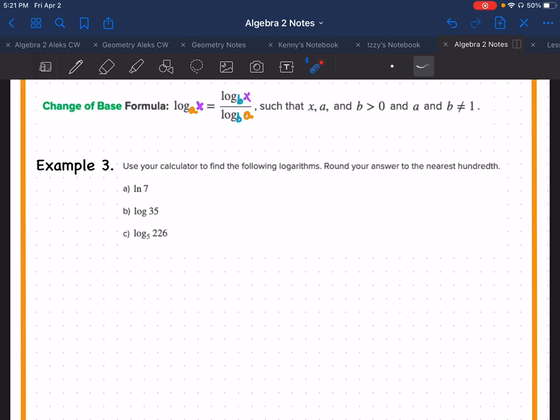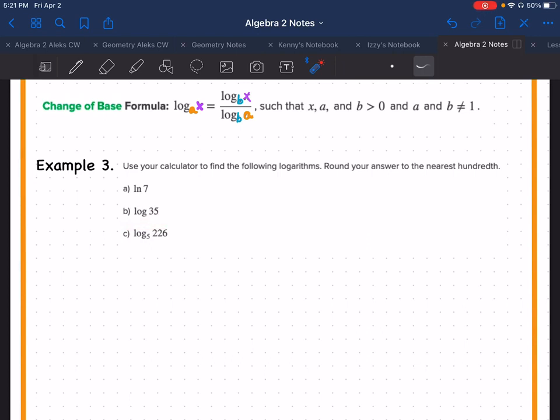Okay, so what I'm going to do is I'm going to go ahead and put these in the calculator. Now, if I see an ln, I can put that right into the calculator. So A is going straight into the calculator because it's the natural log. If I see log with no base, I can put that right into the calculator. So A and B can go straight into my calculator, and then I can go ahead and round however they're asking me to round.